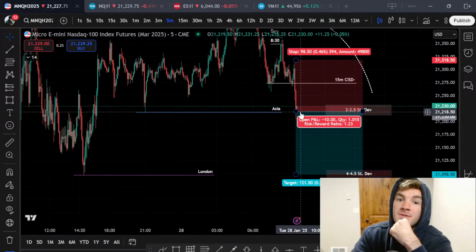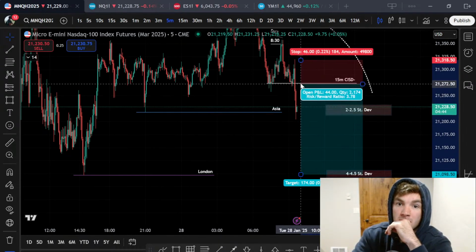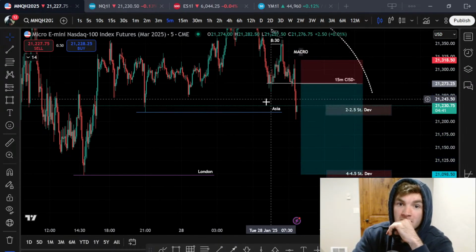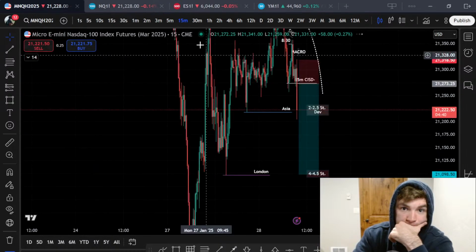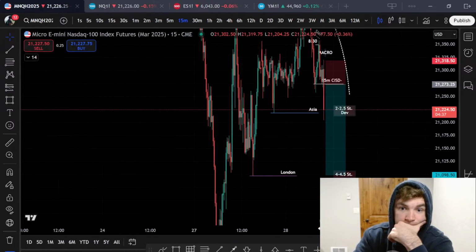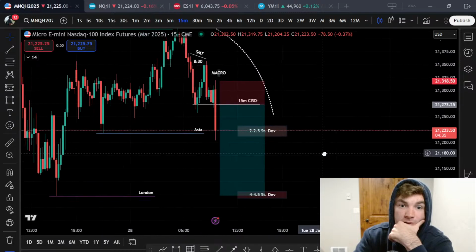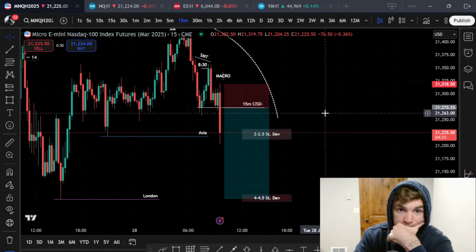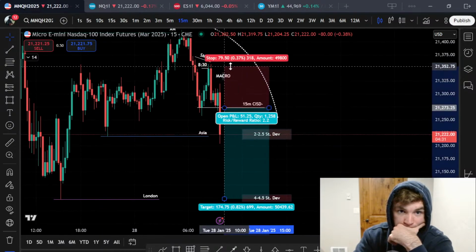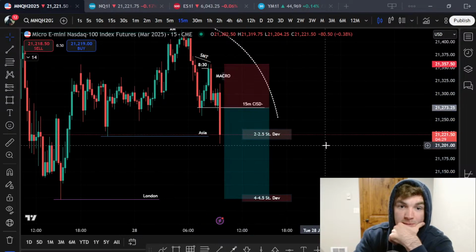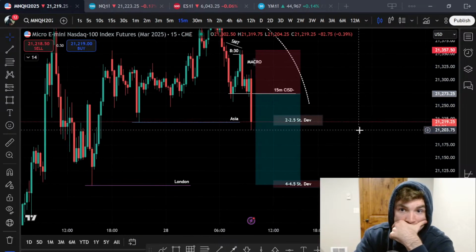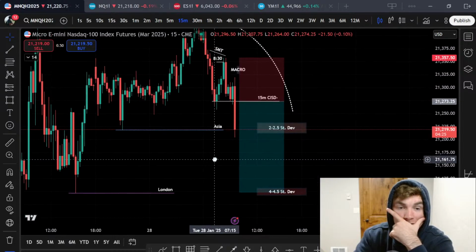I think I'll wait for the 15-minute CISD if we hit it. Get a lot better RR, and I can have my stop loss above the thing.